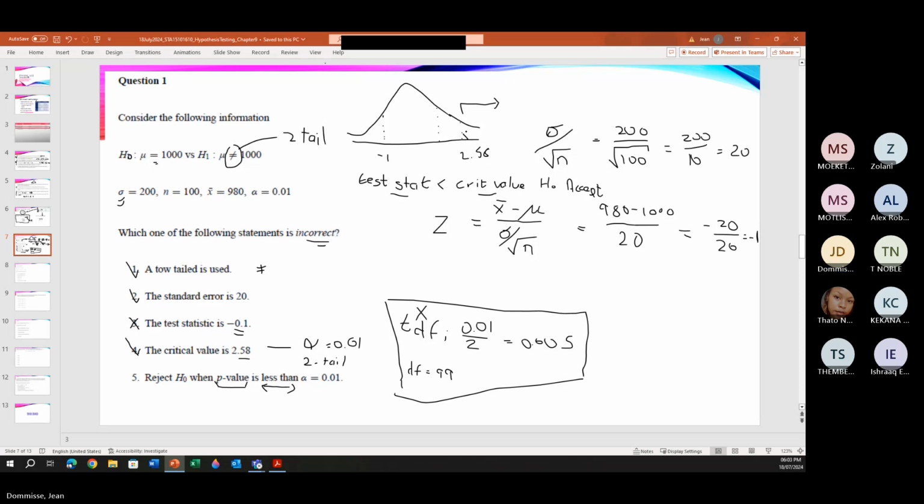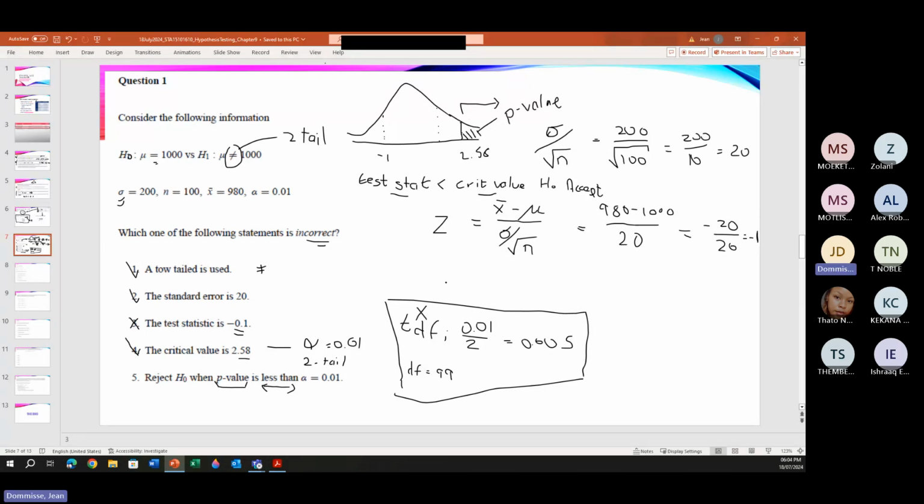So that is your p-value. So your p-value of your critical one, the 2.58, we actually, that was 0.01.